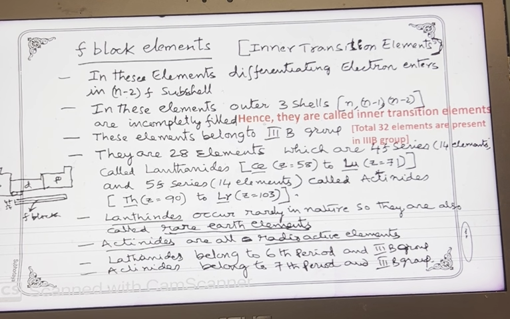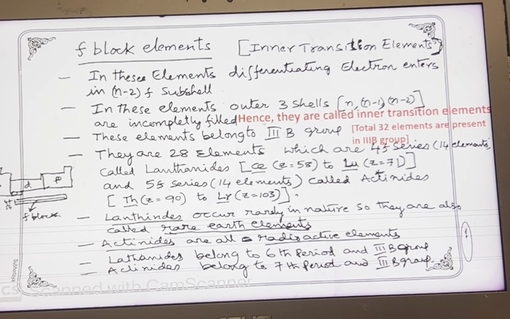Why are f block elements called inner transition elements? Because in these elements the outermost three shells, n, n minus 1 and n minus 2, are incompletely filled.